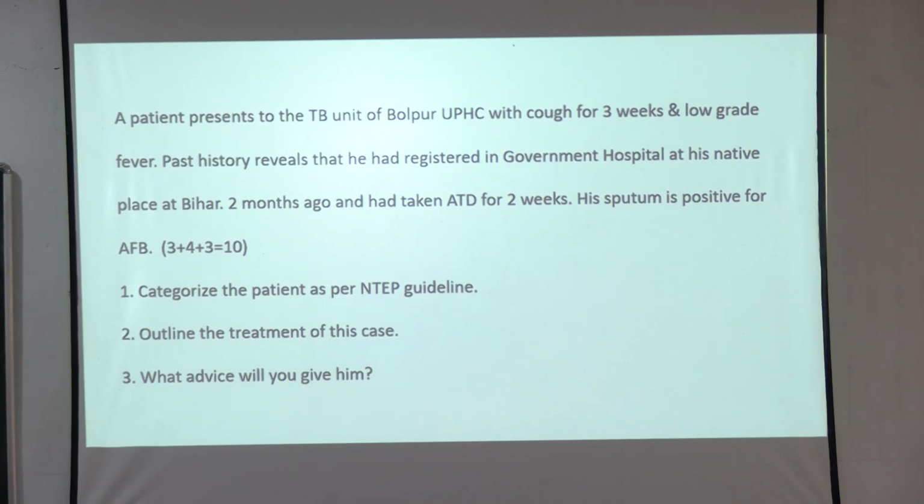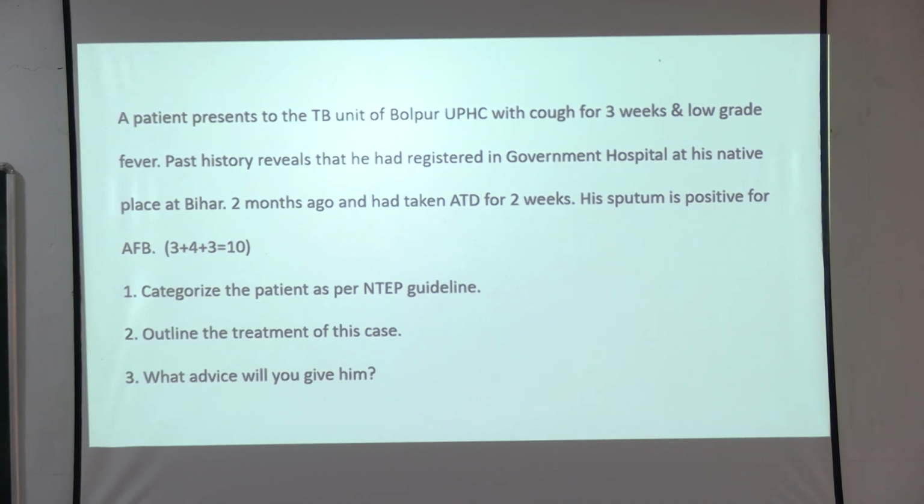There are 3 marks, so a one line answer is not enough. When you write, you have to point out the main reasons for your diagnosis. First point, you obviously got sputum positive AFB. That stands for a microbiologically or microscopically confirmed TB case.